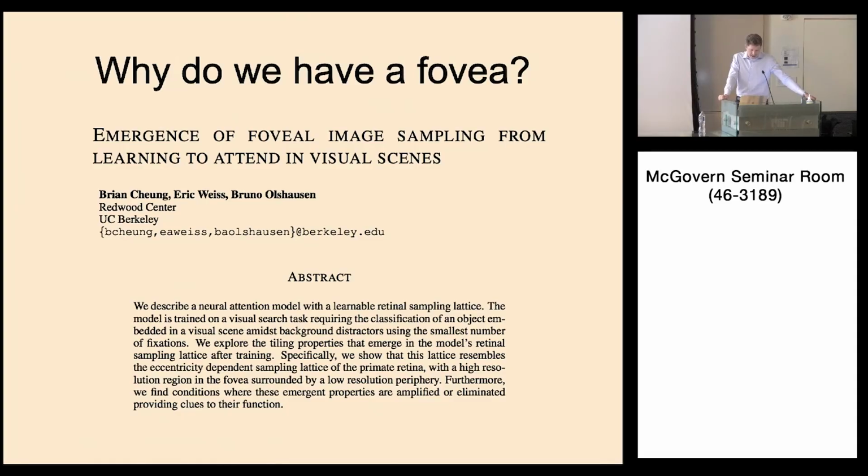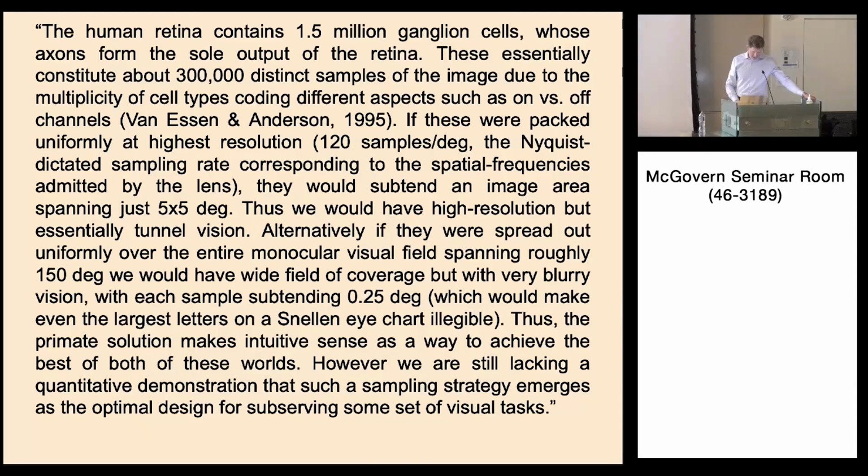So the paper is posing this question of why we have this foveal image sampling strategy. This is work by Brian Chung, Eric Weiss, and Bruno Olshausen. I'll just read this little excerpt from the paper. They write: the human retina contains 1.5 million ganglion cells whose axons form the sole output of the retina.